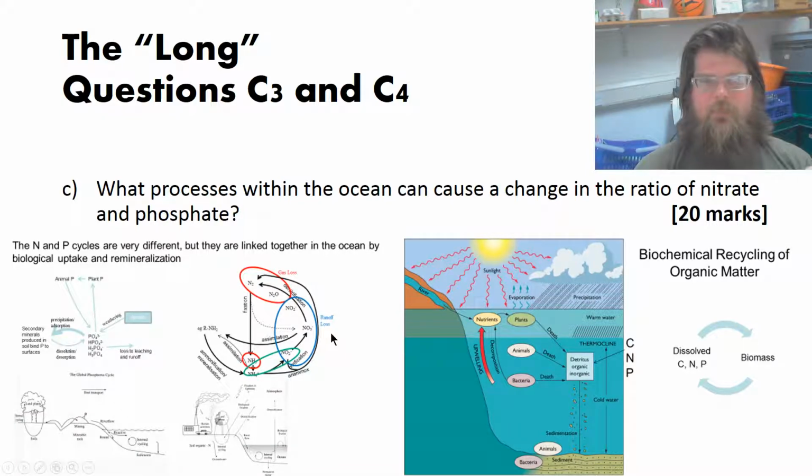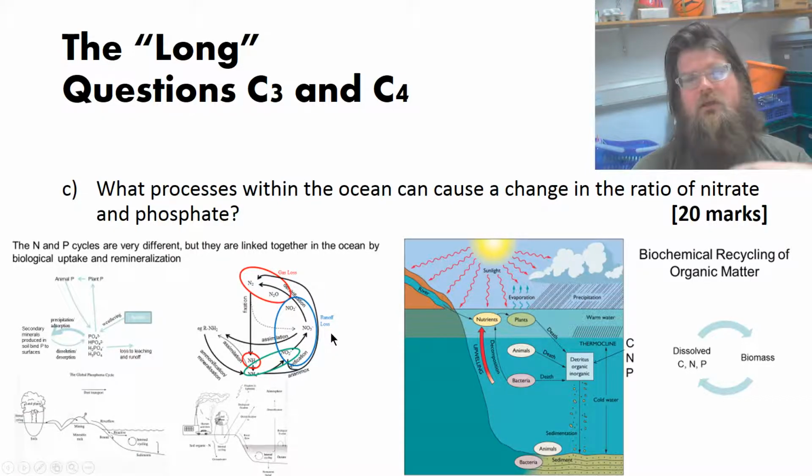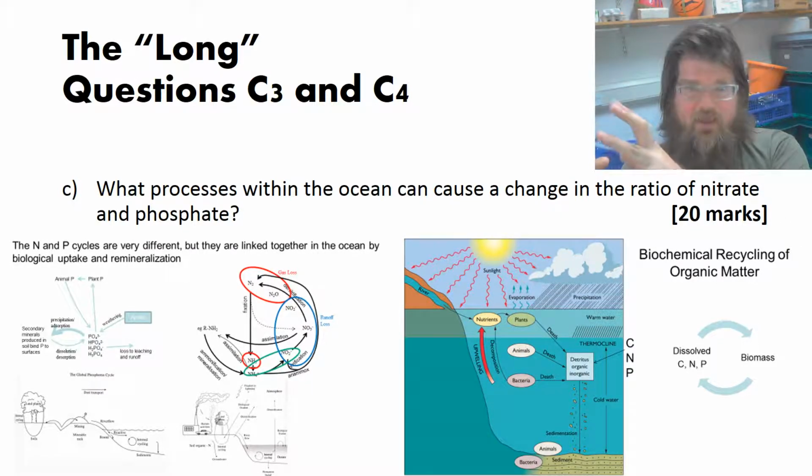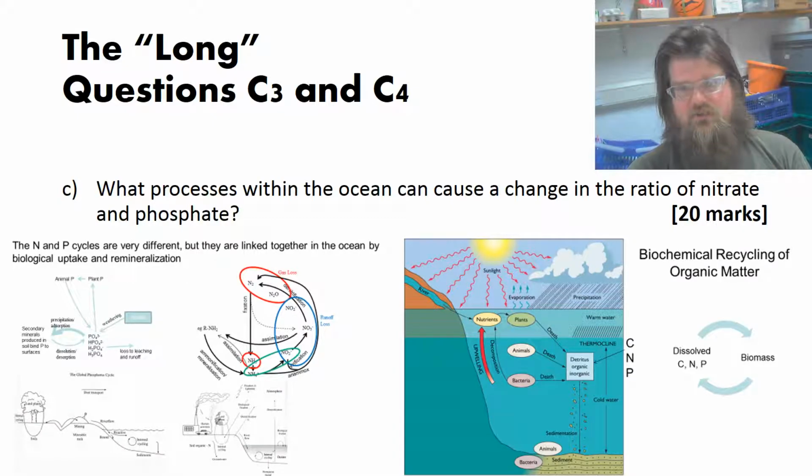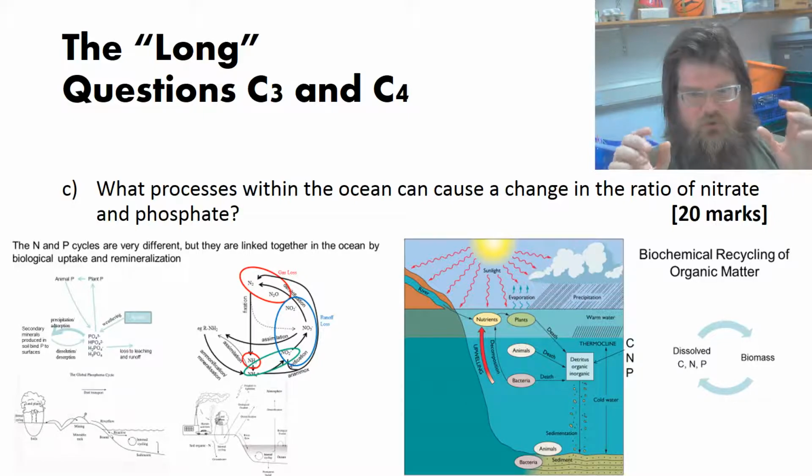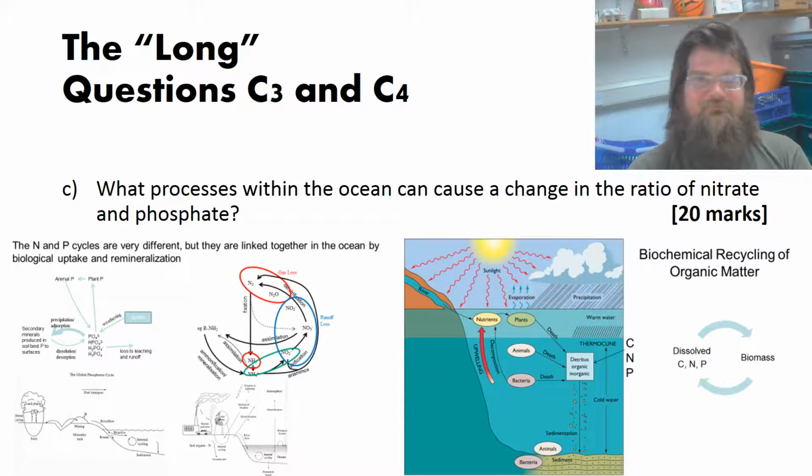The reason we have this near constant ratio everywhere is that most of the redistribution of nutrients in the ocean is by processes that affect both nitrogen and phosphorus, and that's really the uptake of nutrients into biological matter, and then the decomposition or remineralization of those nutrients back into the ocean. This recycling affects both nitrogen and phosphorus the same, so they have similar distribution patterns.